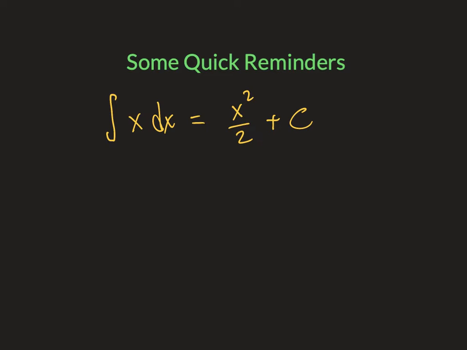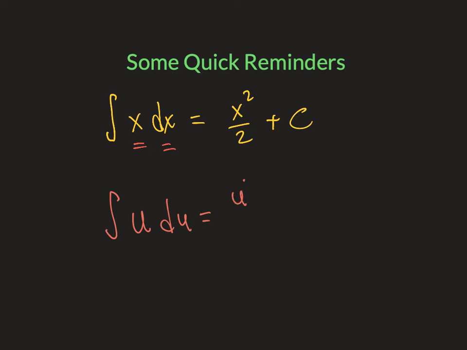Now, this process is not limited to the letter x. As long as the function here is written in the same variable as the differential, the process works the same way. Specifically, the integral of u du looks very similar.